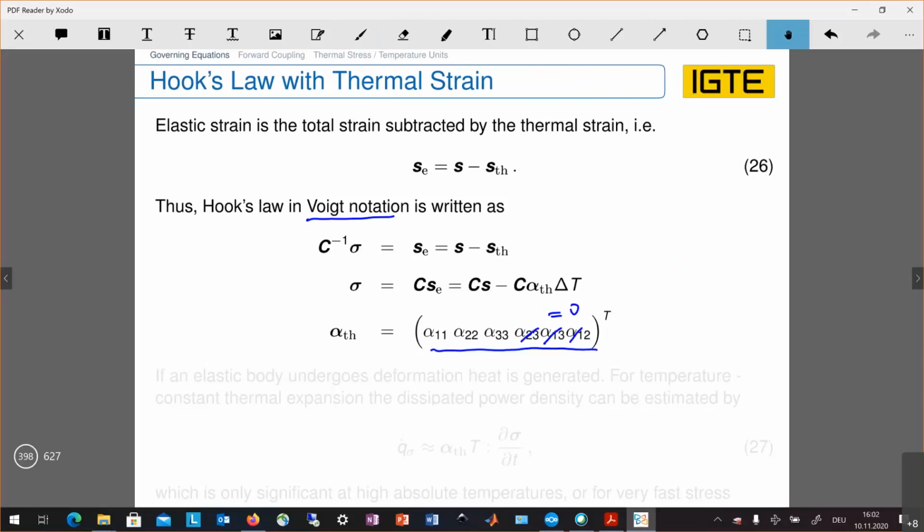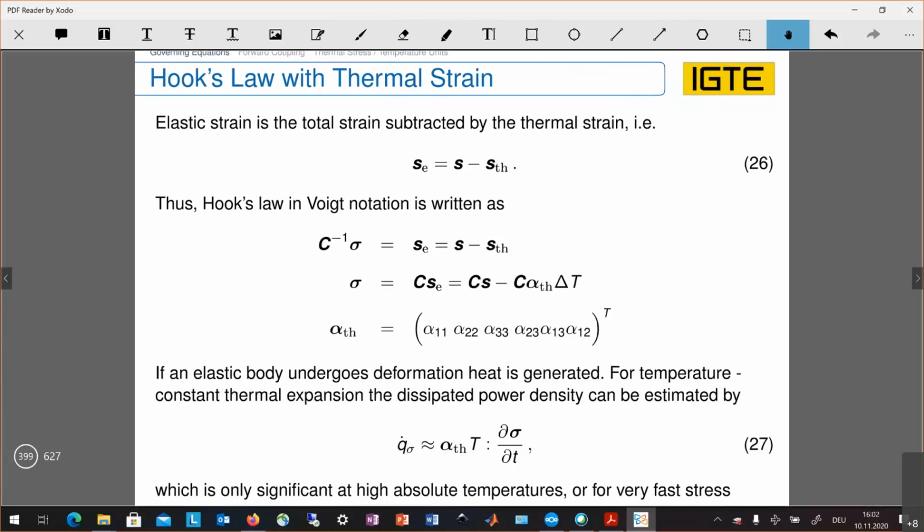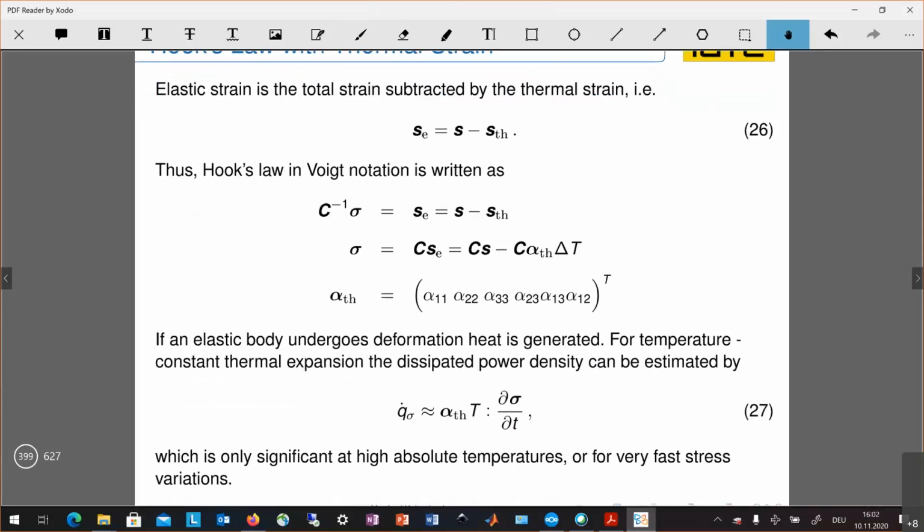There is also a reaction from the mechanical field to the thermal field, and this is according to a dissipation power density, which is driven by the stress rate, so the change of the mechanical stress with respect to time.